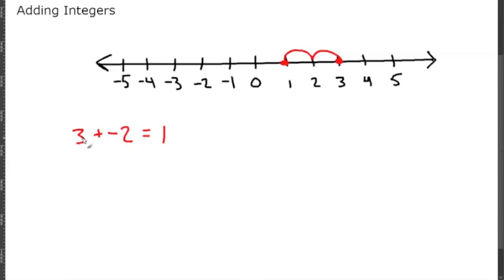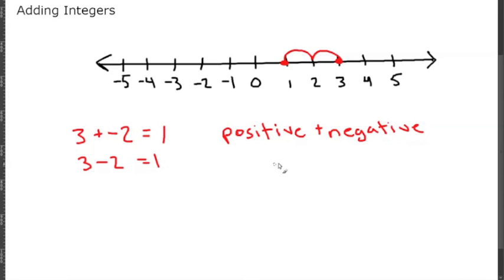You can also rewrite 3 plus negative 2 as 3 minus 2 equals 1. Now, we had a positive plus a negative, and it gave us a positive. But why?